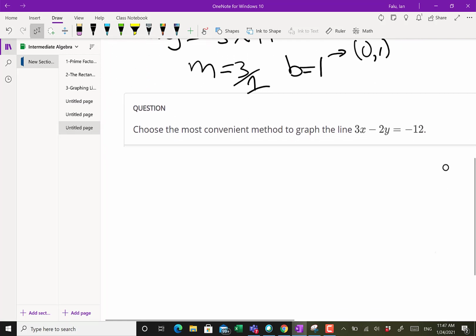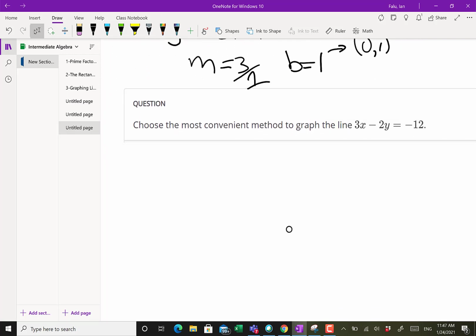Second problem. Choose the most convenient method to graph the line 3x minus 2y equal to minus 12. So you can substitute values for x, right? So for example, 1, 2, 3, and find values for y. You can do that.